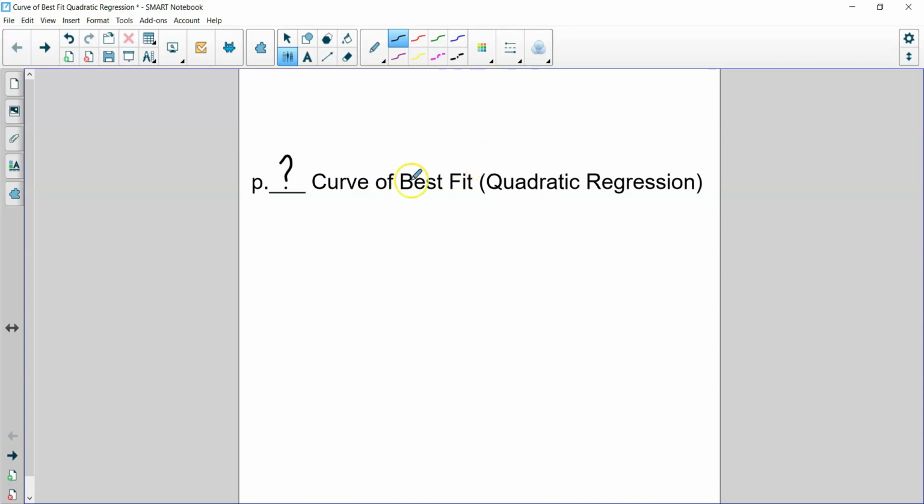As you are writing down the title, Curve of Best Fit, otherwise known as Quadratic Regression, I just want to take a second to say that I have really enjoyed having you all in class, some of you for 2 years, some of you for less than that, but it is kind of the end of an era, because even if you've only had me for 1 year, we have taken a lot of notes together, and so this is the last page, Curve of Best Fit, Quadratic Regression.